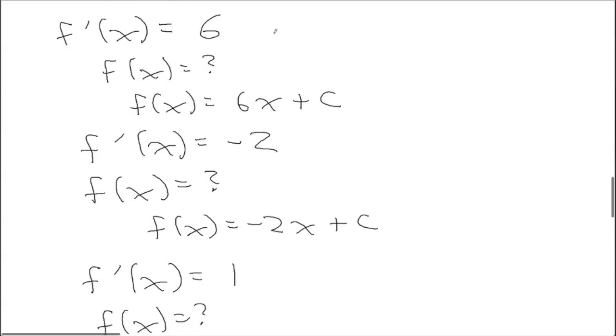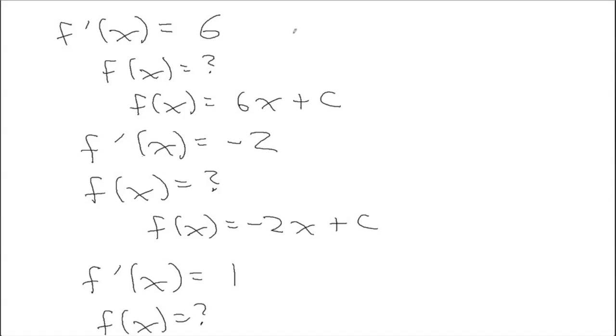Now, remember f prime is the derivative of f. Here we said f prime of x was 6. What is the graphical interpretation of the derivative? This is something we've talked about in the past.